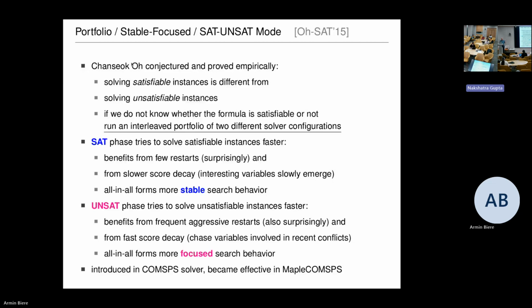And he had two parameters, which Alex already described yesterday. One parameter was the restart frequency, and the other was how strongly you smooth the score of variables, which is how eagerly you look at recently interesting variables, or whether you summarize more over the long term.